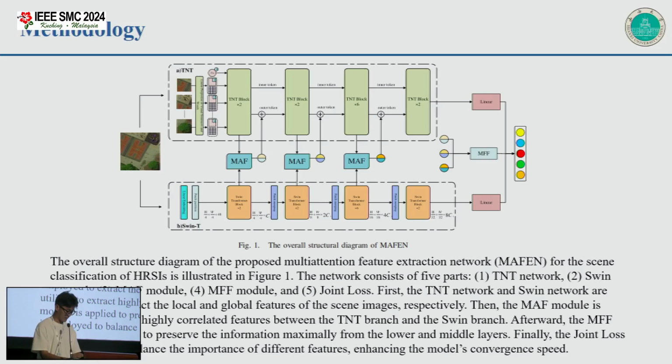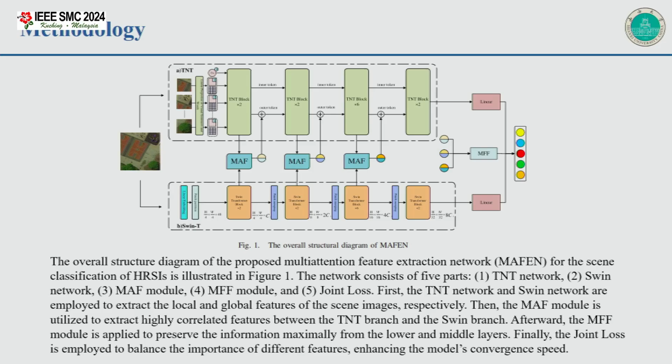This is the overall structure of our model. Image features are extracted using a two-branch network. Then the MF model is utilized to extract highly correlated features between the TNT branch and the Swin branch.